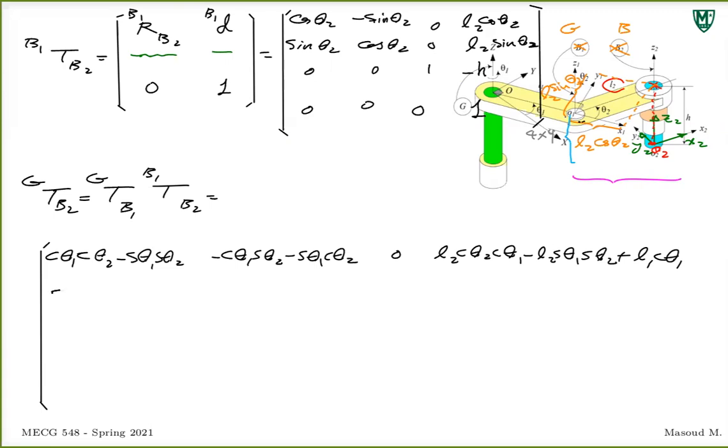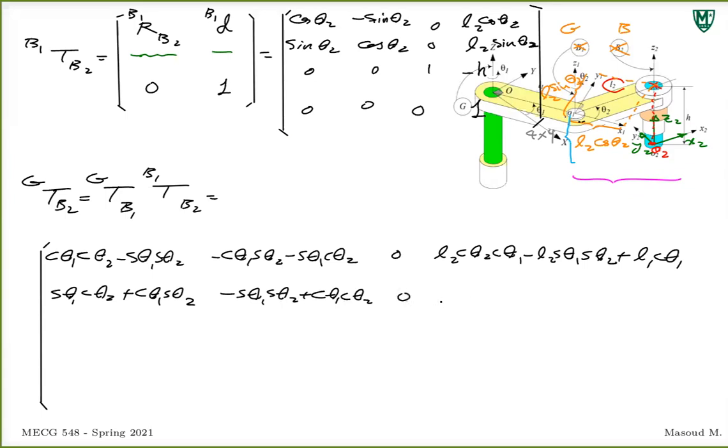The second row becomes sine theta 1 cosine theta 2 plus cosine theta 1 sine theta 2, and then minus sine theta 1 sine theta 2 plus cosine theta 1 cosine theta 2.